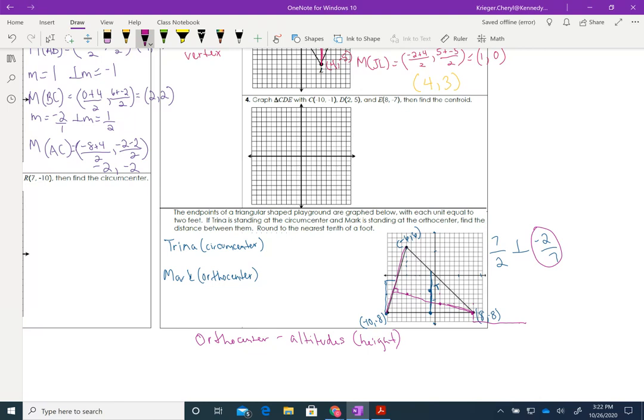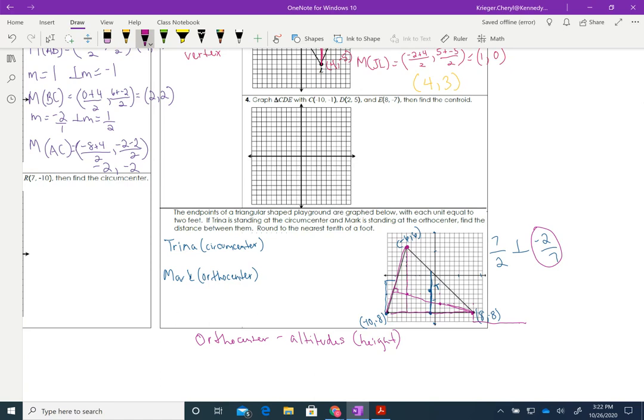That's my height from that base. So let's do it from the top of the triangle. If we have our slope of the bottom, the base is 0, okay, we're going to start from its opposite vertex up here at negative 6, 6, and the slope perpendicular to 0 would be undefined, so that's straight down.